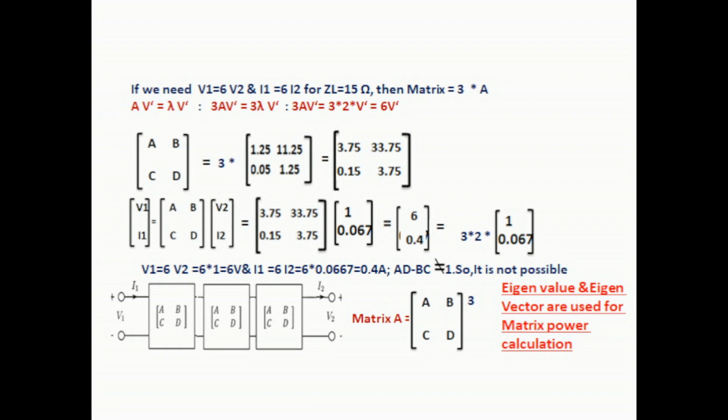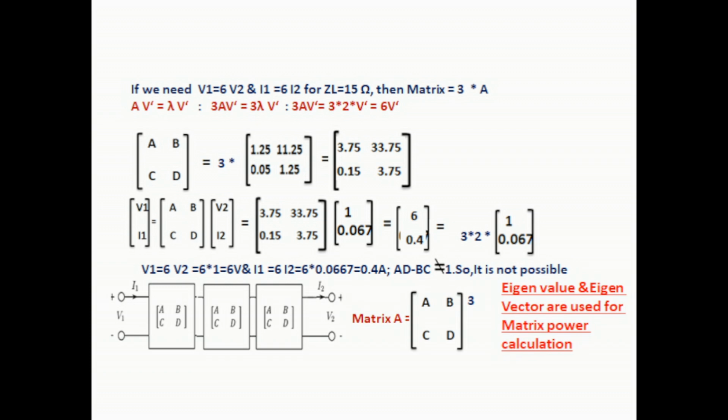V1, I1 equal to ABCD into V2, I2, that is 3.75, 33.75, 0.15, 3.75 into 1, 0.067 equal to 6, 0.4, that is equal to 3 into 2 into 1, 0.067. V1 is equal to 6 V2, that is equal to 6 into 1 equal to 6 volt. I1 equal to 6 I2 equal to 6 into 0.0667 equal to 0.4 ampere.